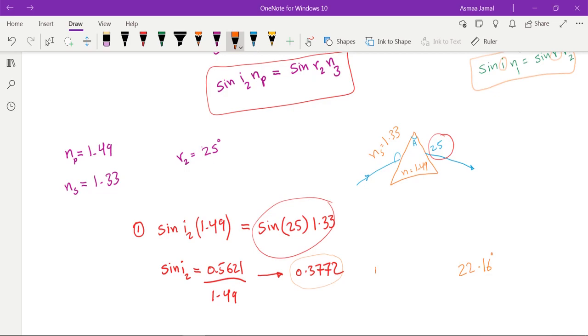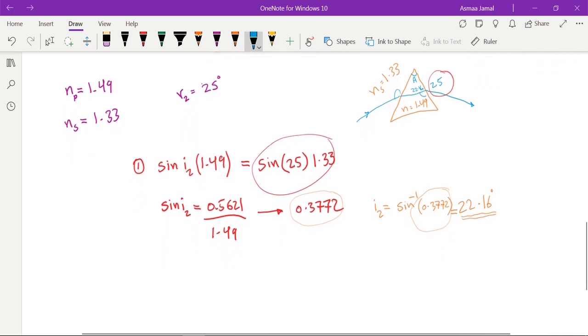So the second incident ray equals the inverse sine of 0.3772, which equals 22.16 degrees. So this second incident angle here is 22.16. In the second step, we said the apical angle equals the two internal angles, R1 plus I2.